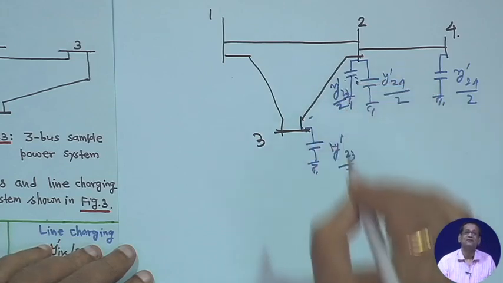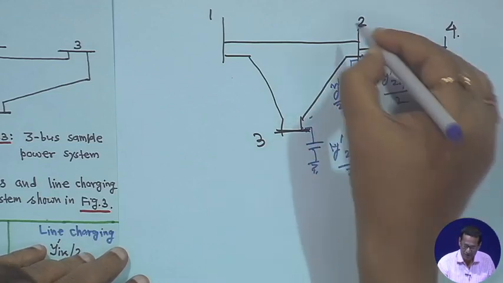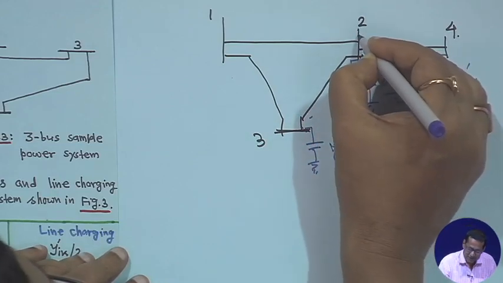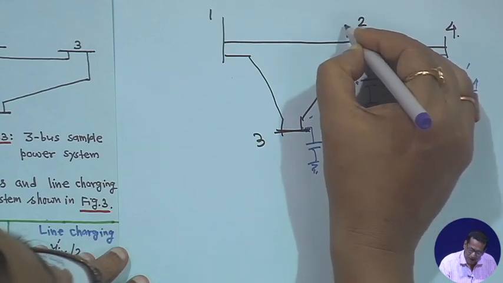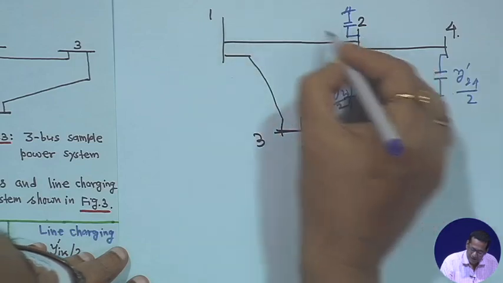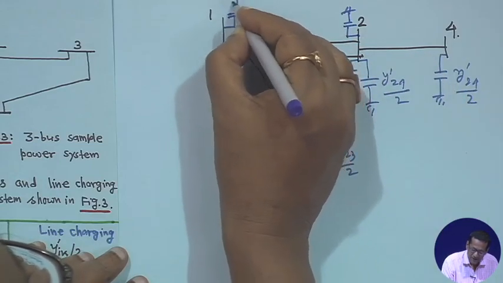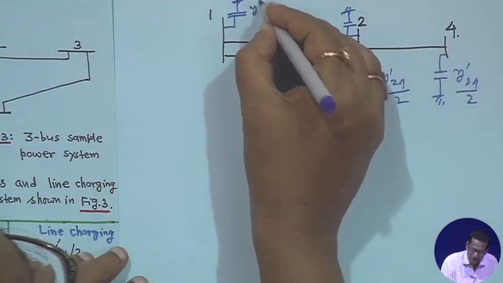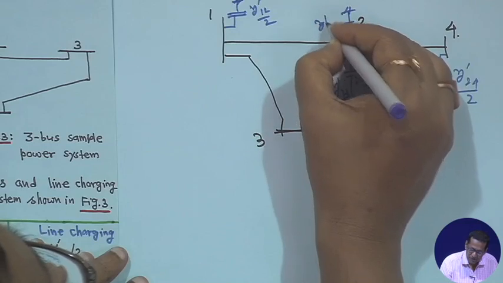Similarly, for 2 to 1 you have charging admittance on this side also, so this should be y dash 1 2 by 2 and here also y dash 1 2 by 2.